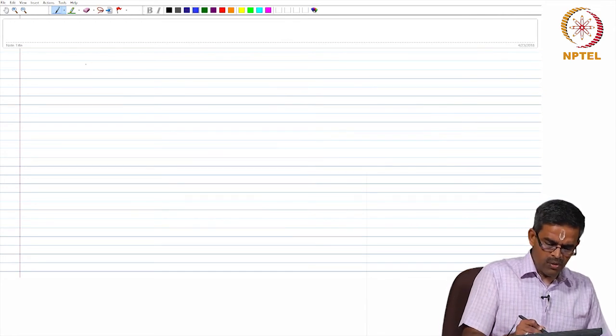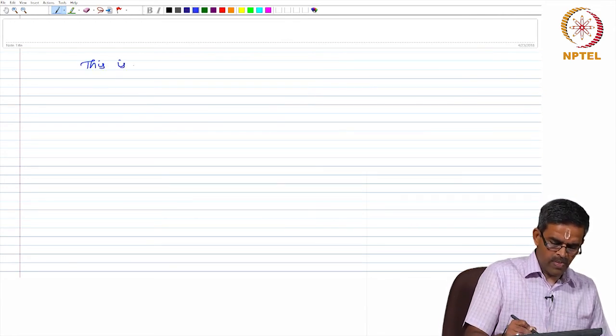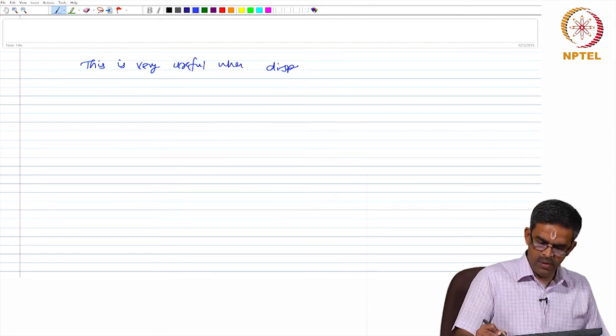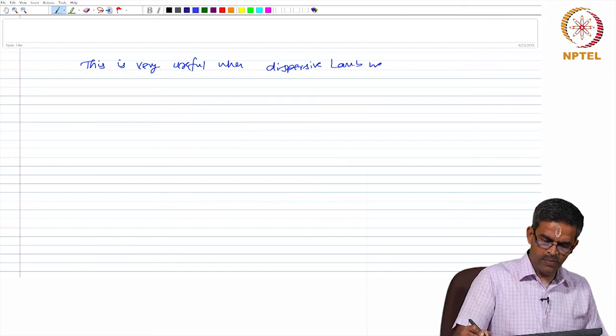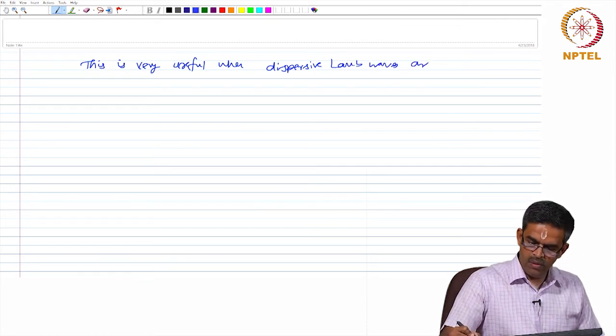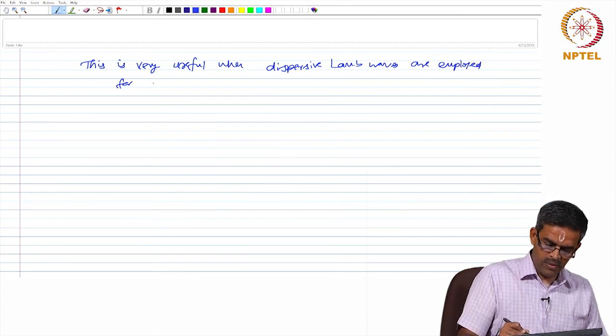This is very useful. Dispersive lamp waves are employed for damage detection.